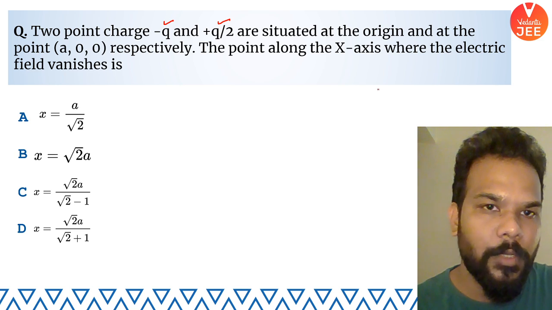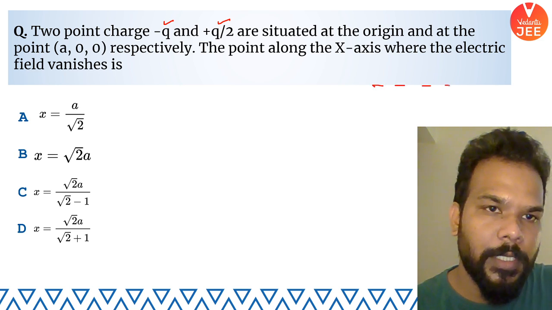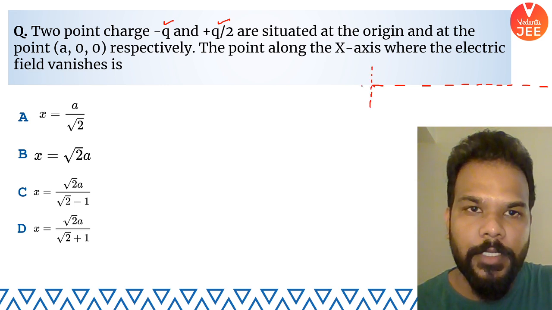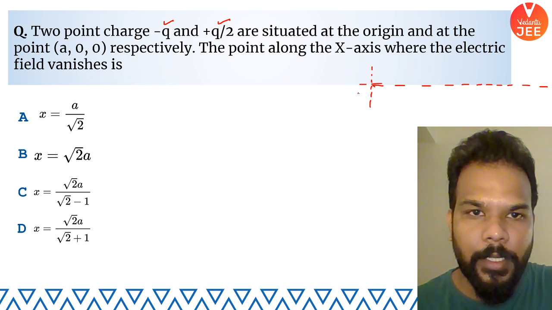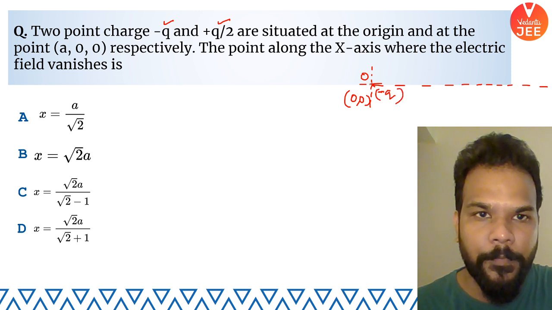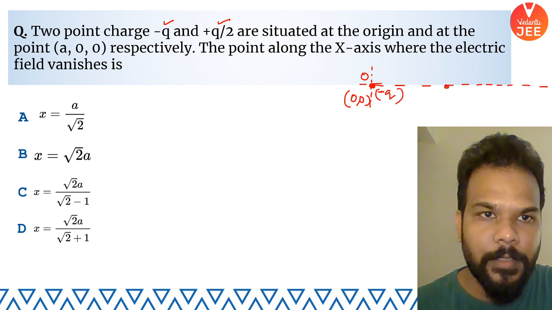So if we go along this line, considering it to be the x-axis, I'm assuming that this point is the origin, let's call it (0, 0), and this is where your charge minus q is placed. Say this is the point where charge q by 2 is placed, and this point is (a, 0, 0).